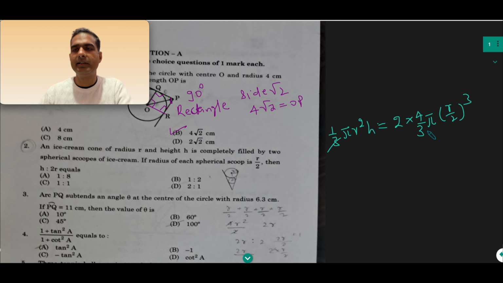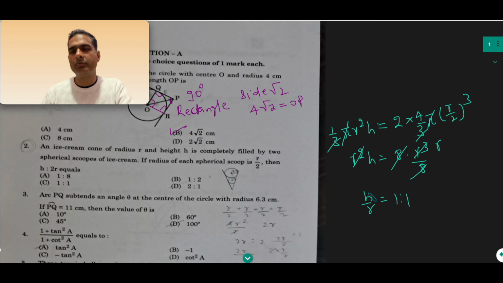From here 3 can be cancelled out, pi can be cancelled out, so we can say r square h is equal to 8 into r cube by 8, so 8 can be cancelled out. There are r cube and r square, so r square will be cancelled out, only r will be left, so we can say h by r will be 1:1.